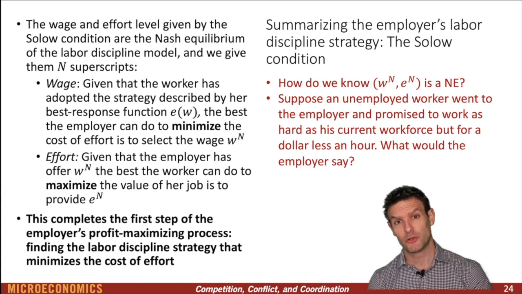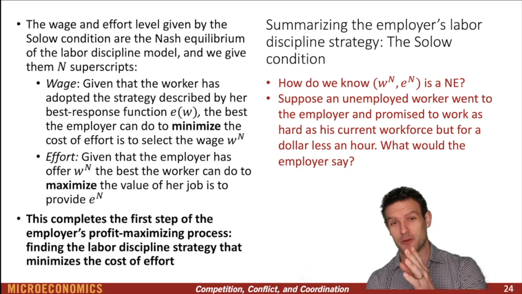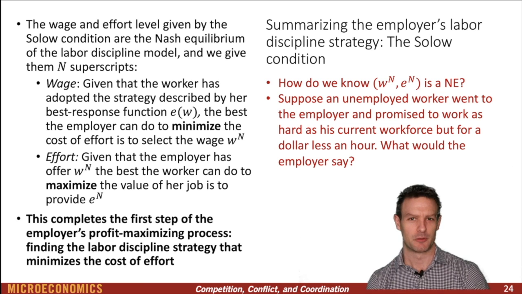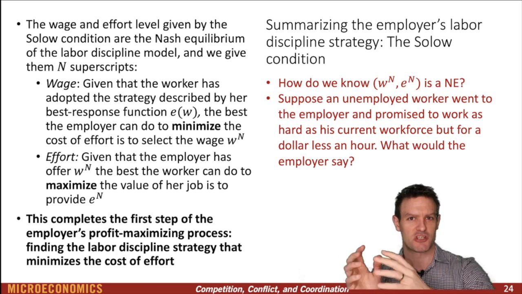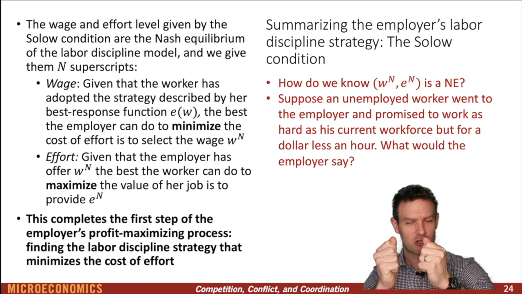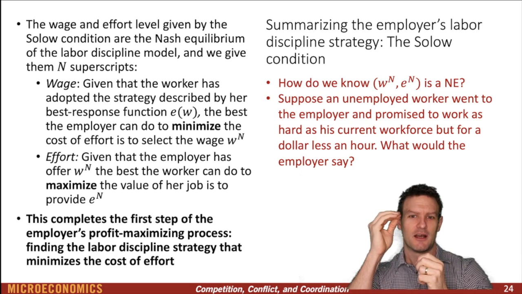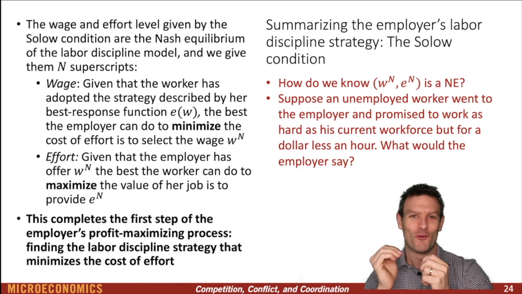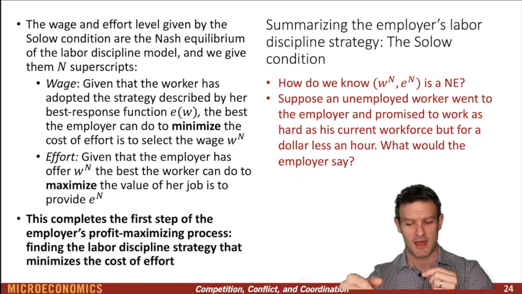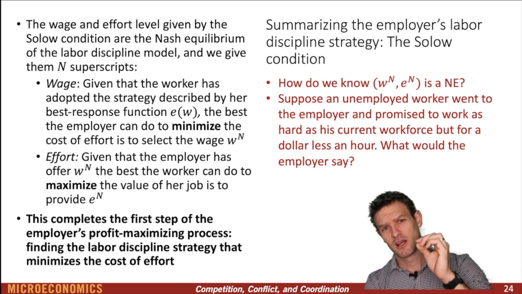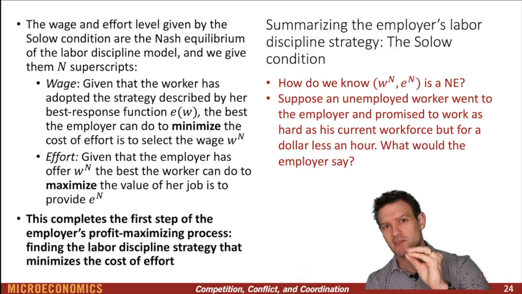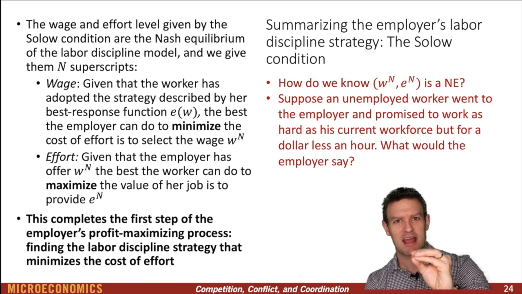So the wage and the effort level given by the Solow condition. The Solow condition comes from Robert Solow, as we'll comment on a little bit later. They're the Nash equilibrium of this labor discipline model. What's happening there is we have this condition that the marginal rate of substitution equals the marginal rate of transformation, and this very important point that the effort per dollar that is paid, or the wages per unit of effort if we invert that, is a condition for a Nash equilibrium.